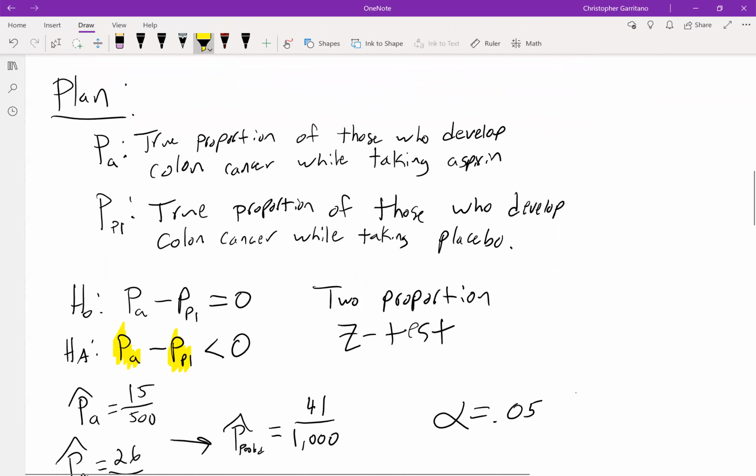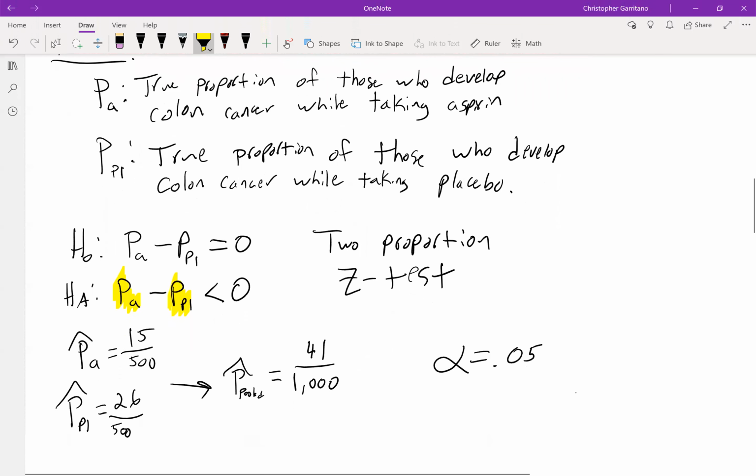Now what I like to do is just list the observed statistics. P hat A was 15 over 500, and P hat PL was 26 over 500. What we're seeing here is that based on the statistics, there was a lower chance of developing colon cancer if you took the aspirin in at least this group of 500 people, or a group of 1,000 people, I should say.